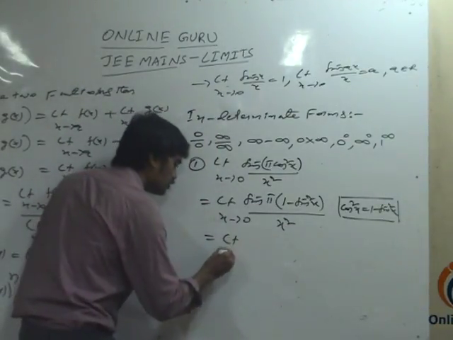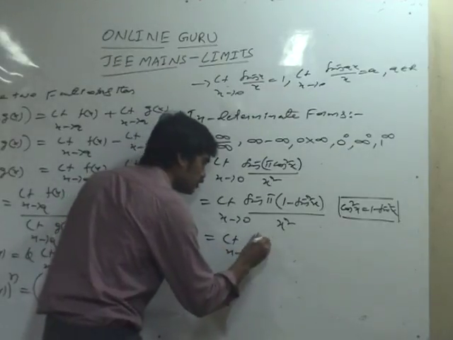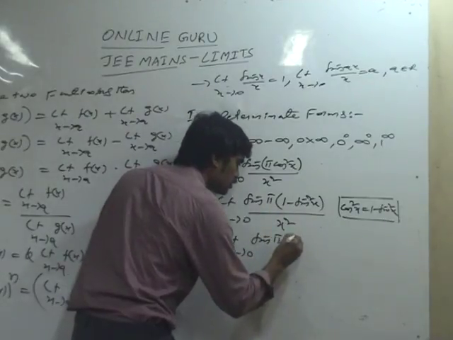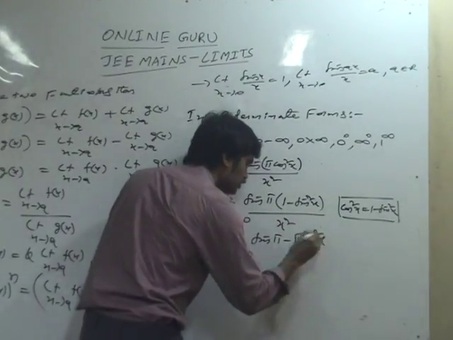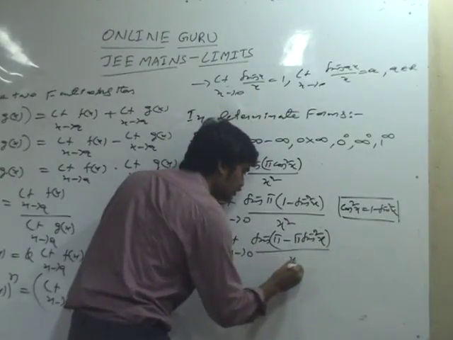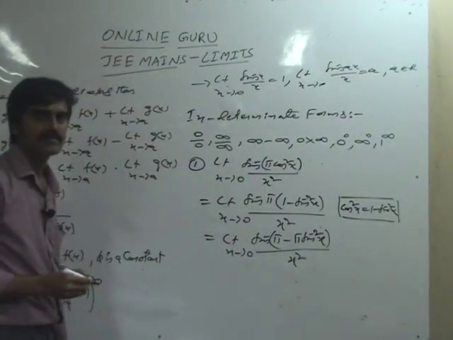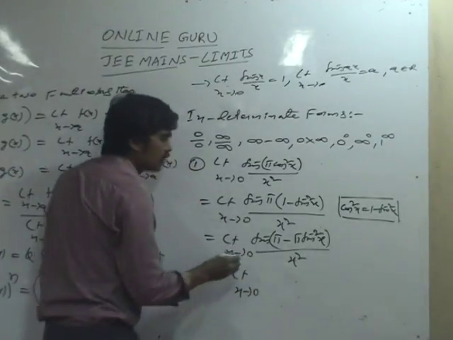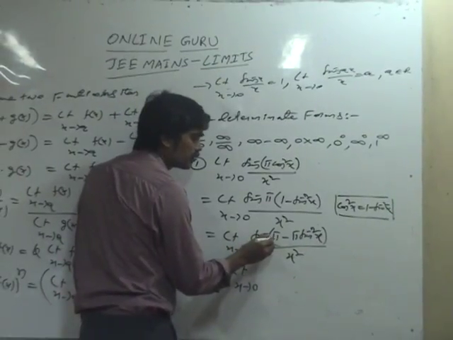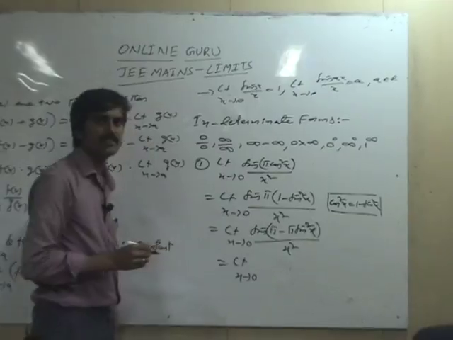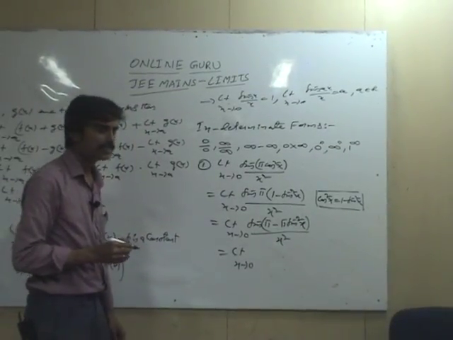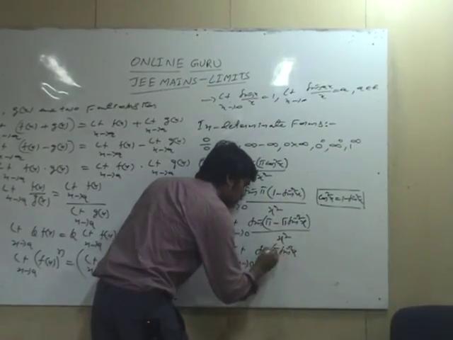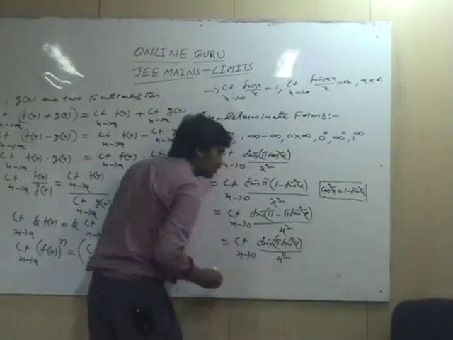This equals limit x tends to 0 sin of pi into 1, which is pi, minus pi into sin square x, which is pi sin square x, divided by x square. Pi means 180. This is the form sin 180 minus theta. The sin 180 minus theta formula is sin theta. So this becomes sin pi sin square x divided by x square.